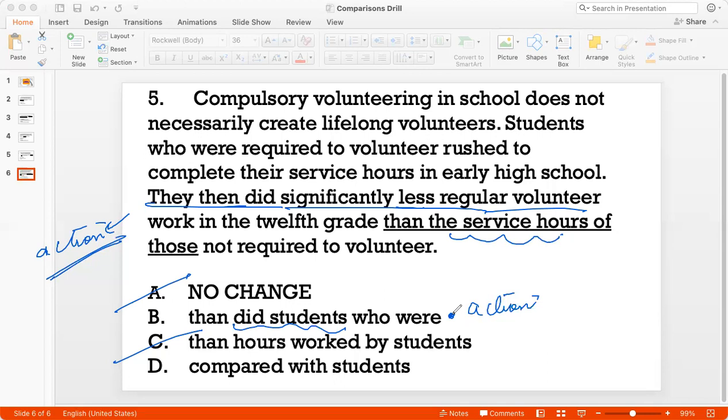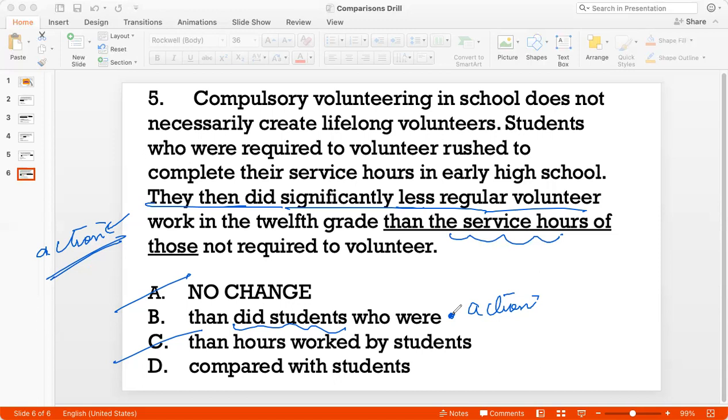You're comparing the action of a student group with the action of another student group, right? So when you're saying that the first group did significantly less regular work, then it is the action of this group that I'm talking about. And I need to compare it with the action of the second group, which option B does.